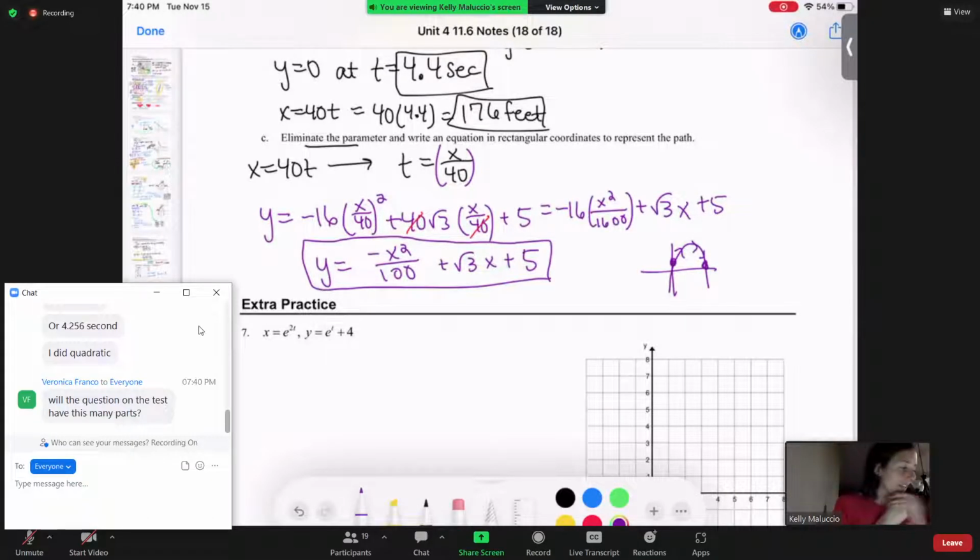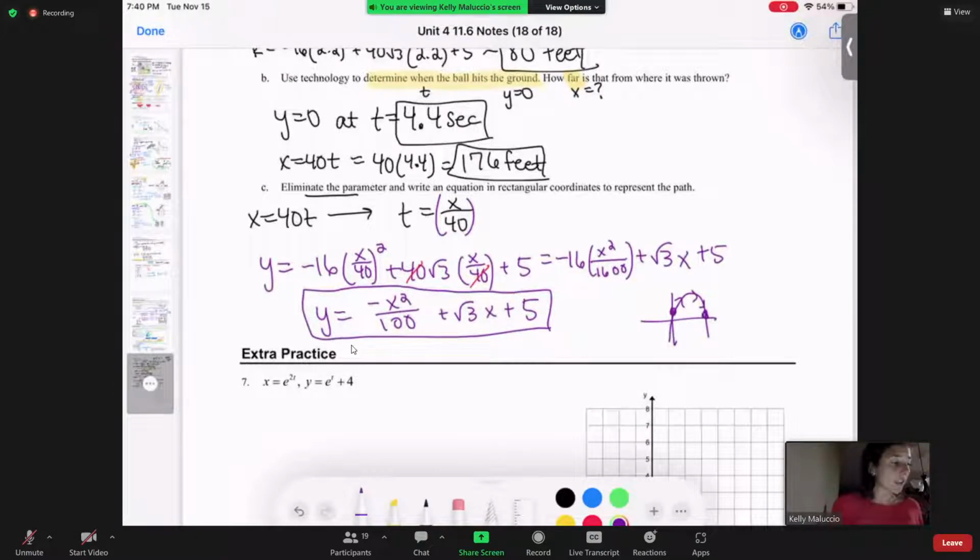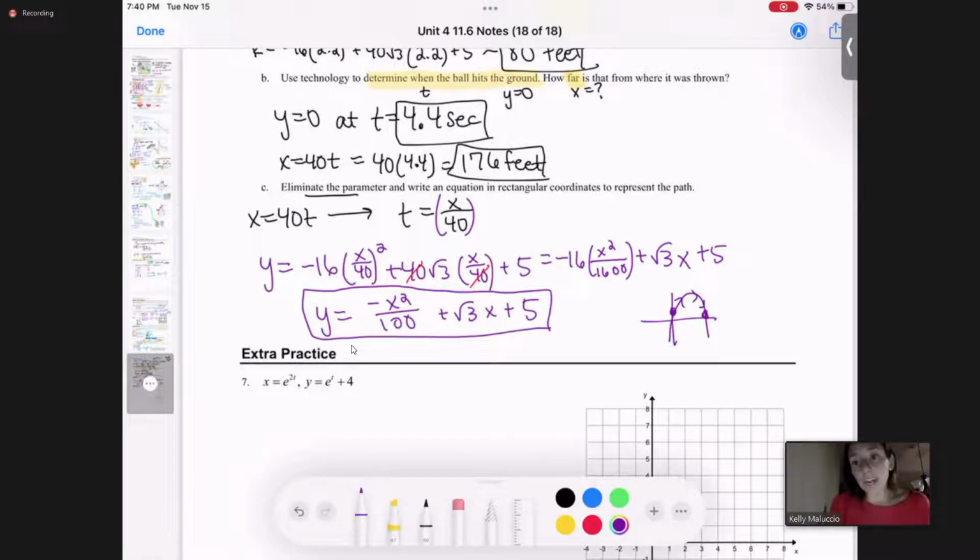Yeah, so Veronica's asking the question: on the test, will it have this many parts? I don't remember. I know it has multiple parts, but I don't remember how many. I know it didn't take up a whole page, so I think it only had A and B. So I think it asked 2 parts of the 3 parts that we did. And I'll verify that for you before the test, because I'll remind you again in December what's on the test, and we'll do some practice.